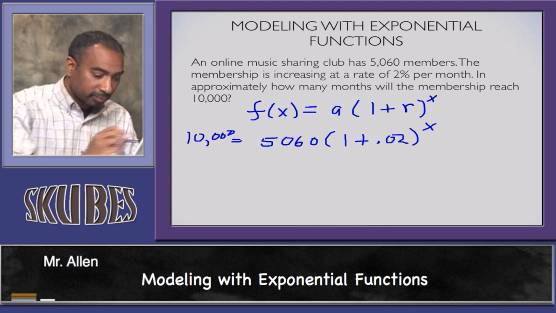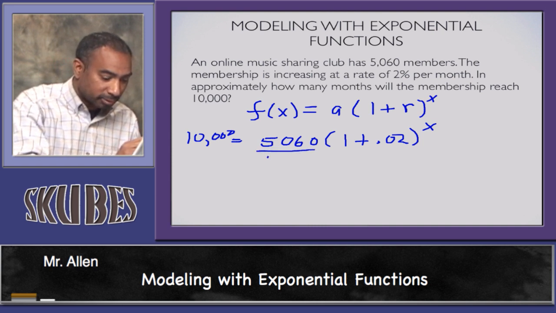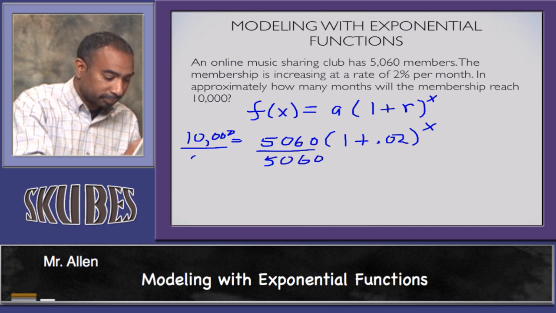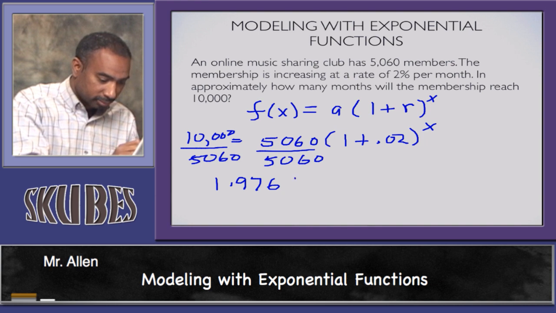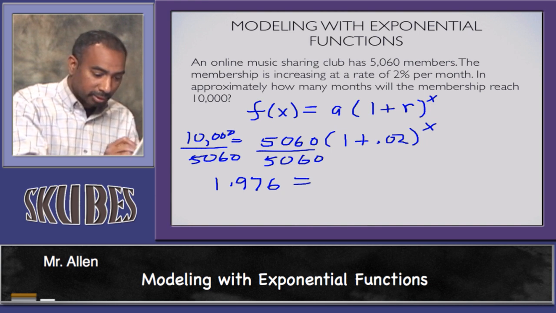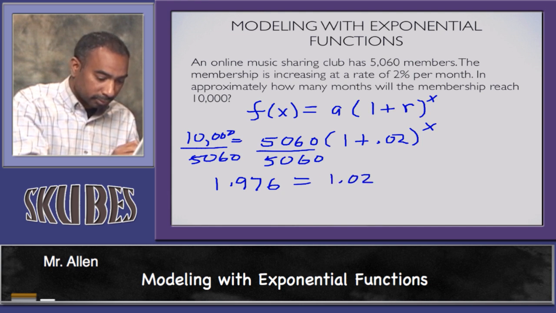And if you solve this, you're going to divide both sides here by this number here. That's going to give you roughly 1.976. And if you add 1 plus 0.02, you get 1.02. This is raised to the x power.